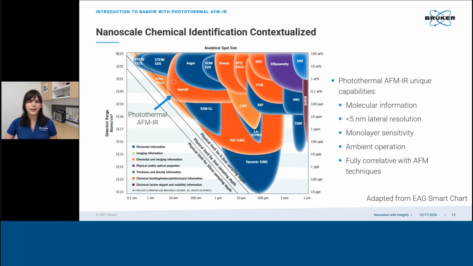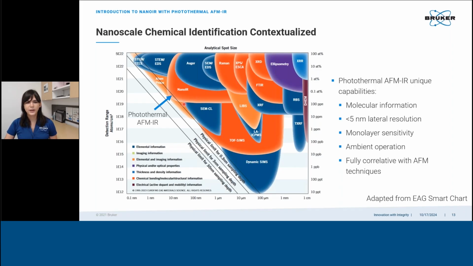And in that, they have mapped out the space that NanoIR covers that is unique among other chemical and elemental characterization techniques. So here we can see FTIR with its micron scale spot sizes. We can go down to XPS or Raman or TOF-SIMS, as we've talked about already.